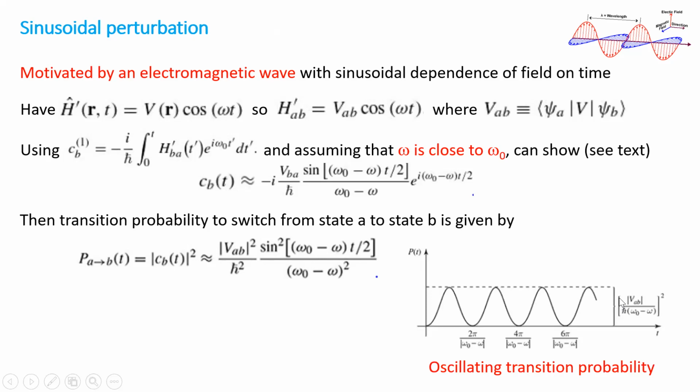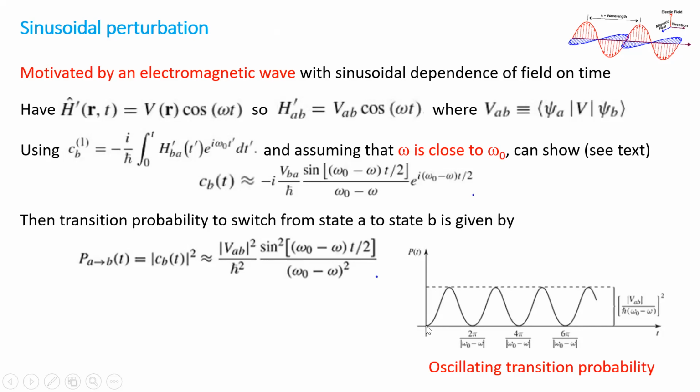The amplitude of it would be VAB over h bar times omega naught minus omega, squared. But the sine squared gives us this oscillation with a period of 2 pi over omega naught minus omega. If you work it out from this expression here, this will repeat every 2 pi over omega naught minus omega.